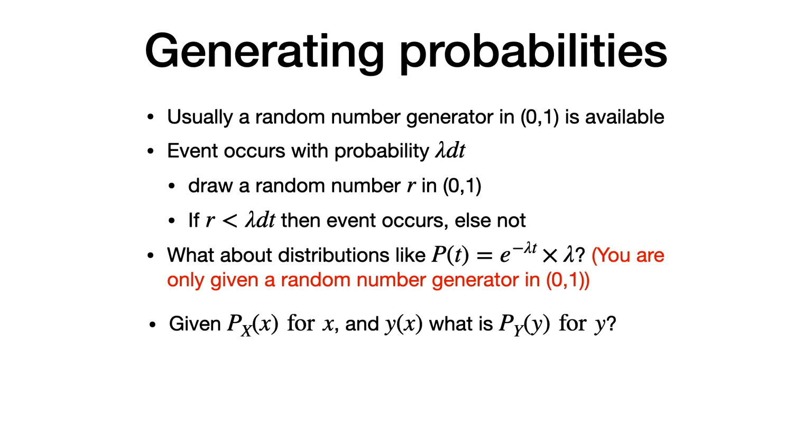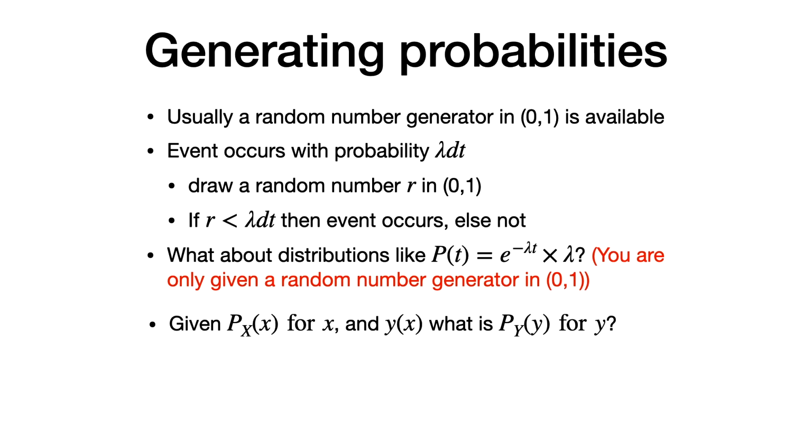More advanced, higher level languages like Mathematica or MATLAB can generate an exponential distribution or a Poisson distribution. But it is good to know how to generate an arbitrary distribution from knowing a uniform distribution in 0, 1.